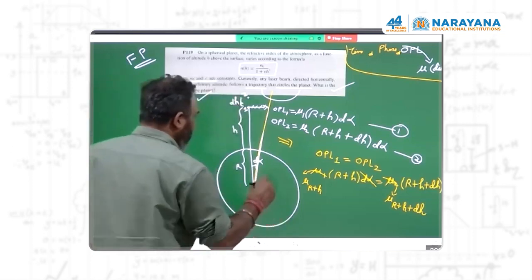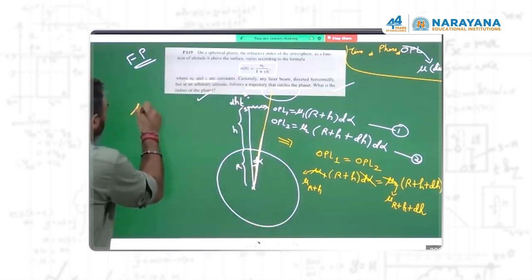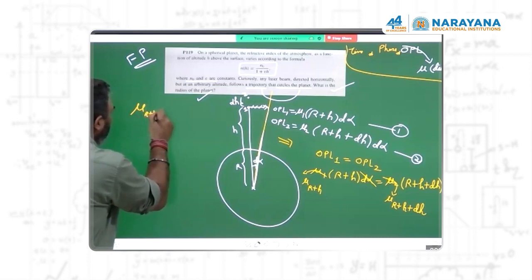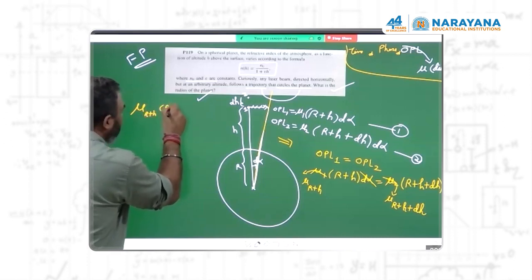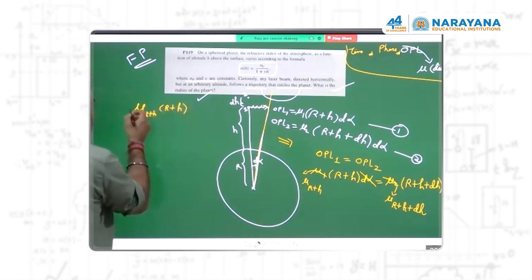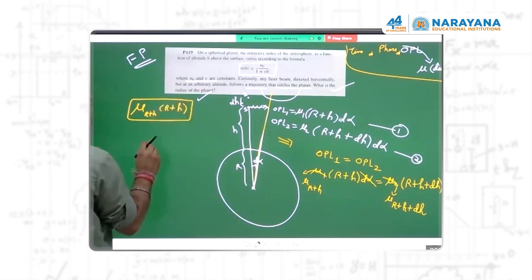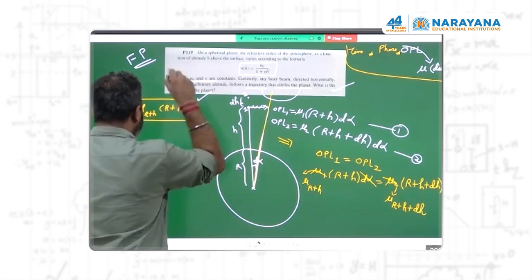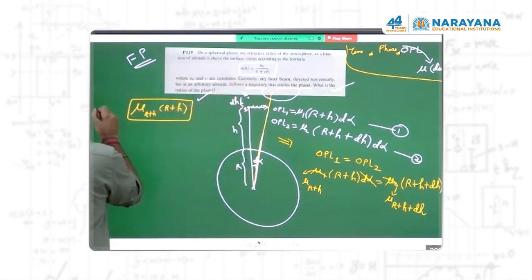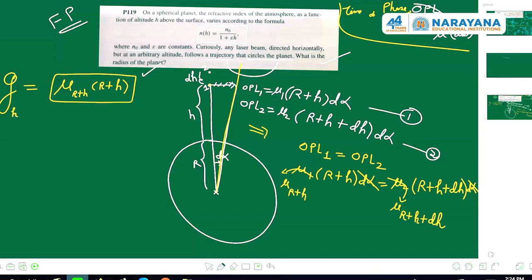So it looks like there is mu at r plus h, and that height I am writing as r plus h, and if you treat this product as some function g of h, what we are trying to say is that the change in that function is 0. So you write mu at r plus h plus dh, and the second term is r plus h plus dh.